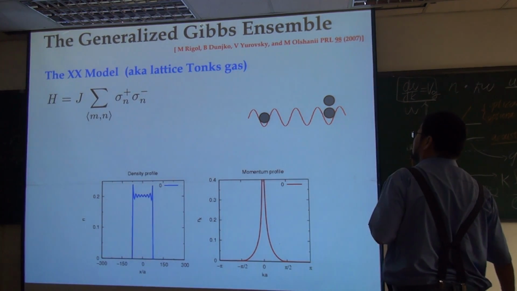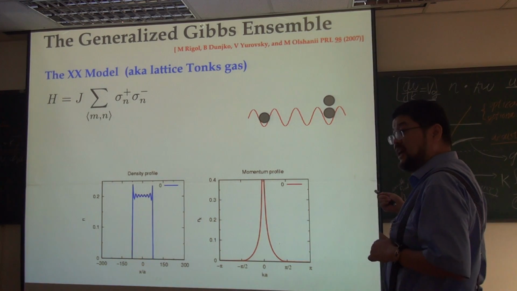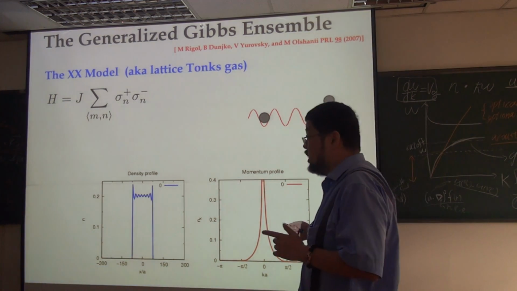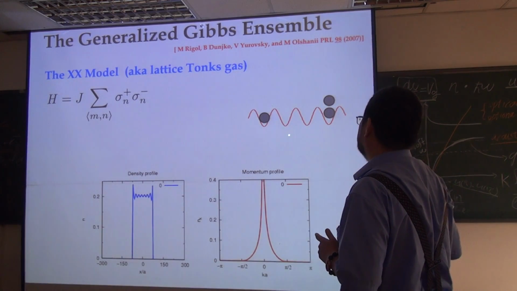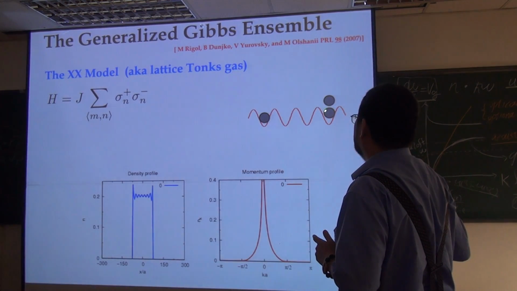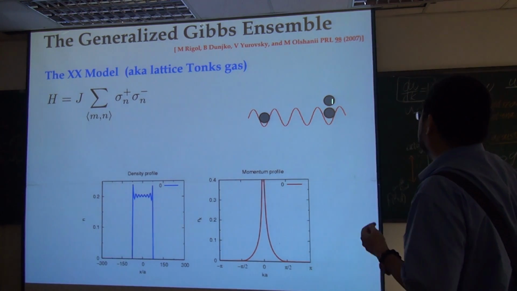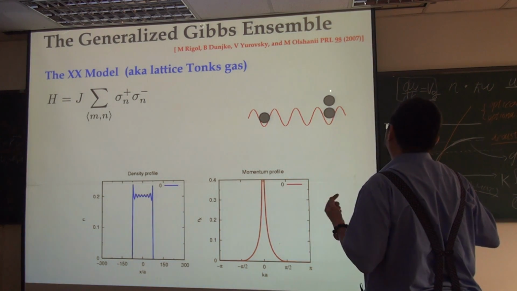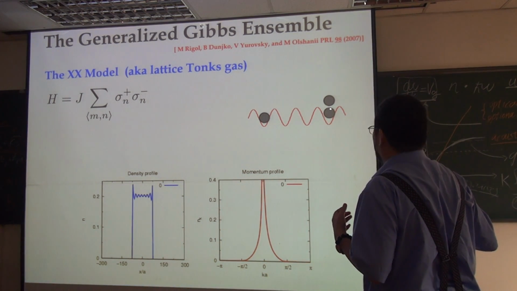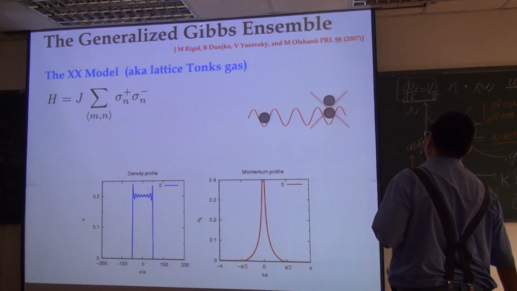And then there's one example where you have this model. Actually, this is the Tonks-Girardeau case. You can really make that with cold atoms. So you have bosons here, and then you have this optical lattice. Because you can make the interaction of these two particles very strong, the two of them don't like to be on the same site.